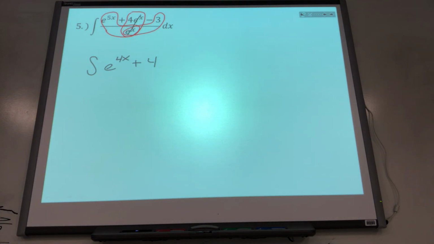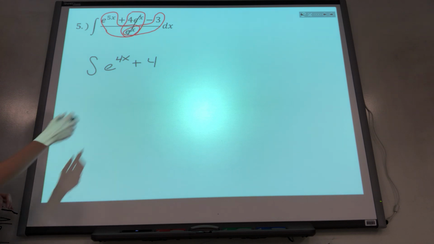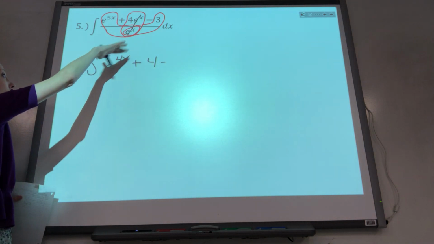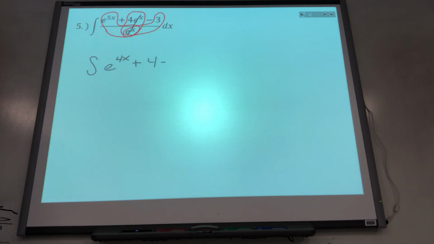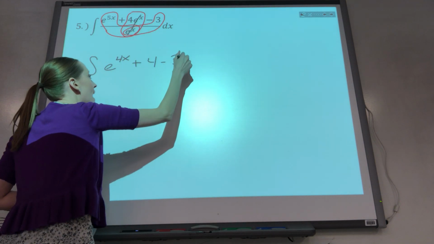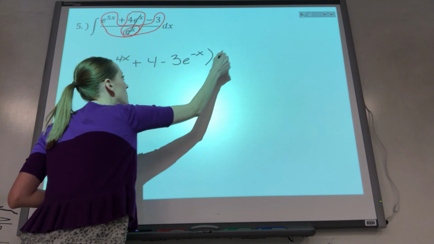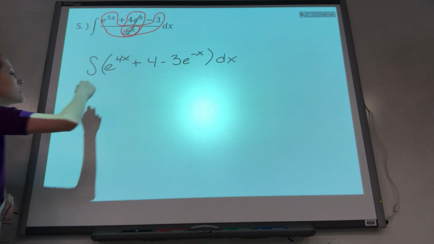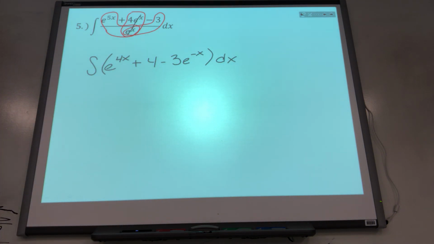So that's just 4. And don't forget the minus. But for the last part, you can't really simplify. So I would leave the 3 and go ahead and pull e to the negative x up to the top. Now we just have to integrate.